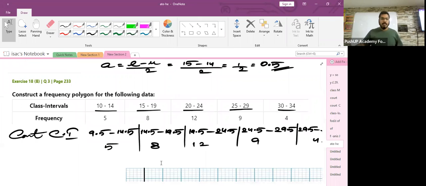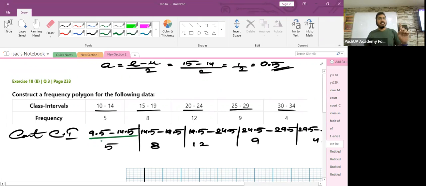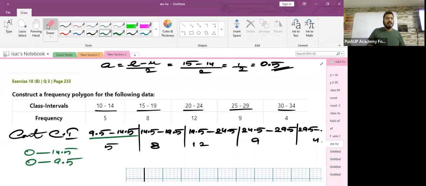Children, now did you notice here? They have directly started with 9.5 to 14.5. They haven't started from 0 to 14.5, or from 0 to 9.5, isn't it? We don't have any clue what is happening from 0 to 9.5.